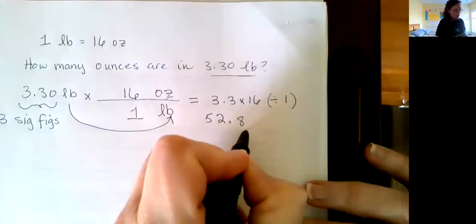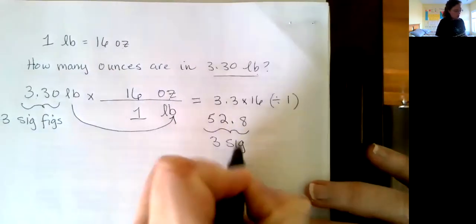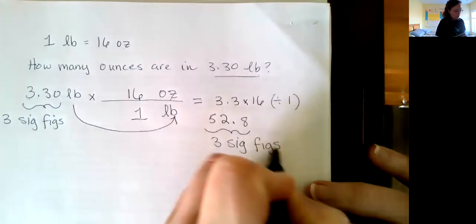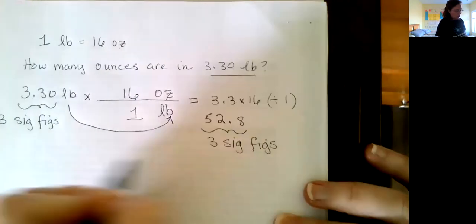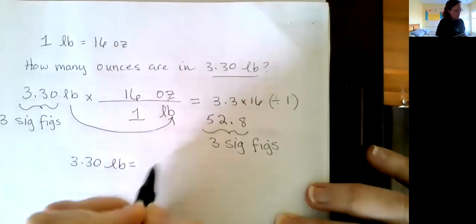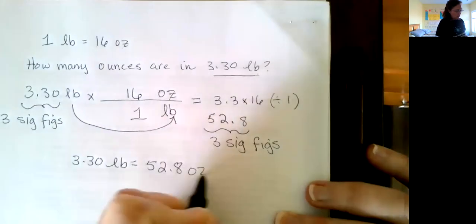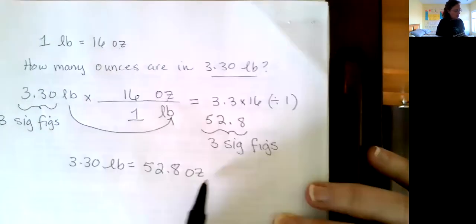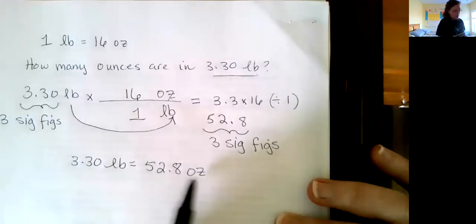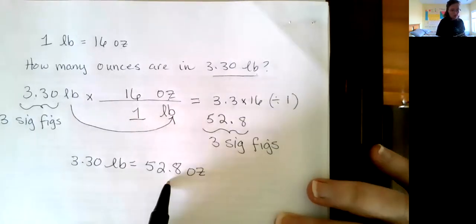My answer also has 3 significant figures. So my final answer, 3.30 pounds, is the same as 52.8 ounces. And that makes sense to me. There's a lot of little ounces making up a larger pound, so I expect to have a larger number for this small stuff.